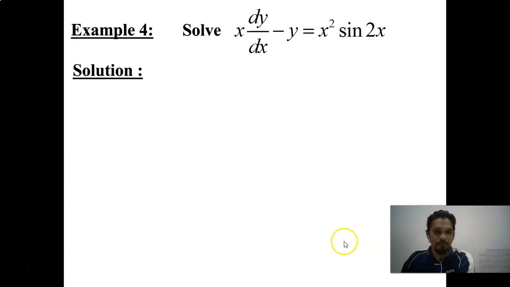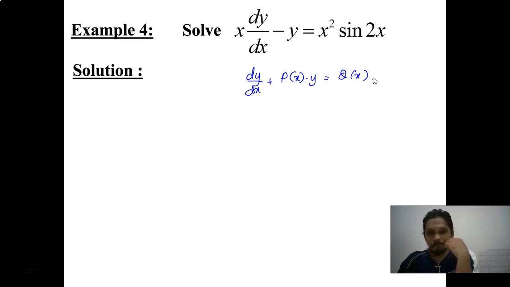Example 4. Okay, now we compare with dy/dx plus p(x) times y equal to q(x). What's the difference between the equation in the question and this general form?